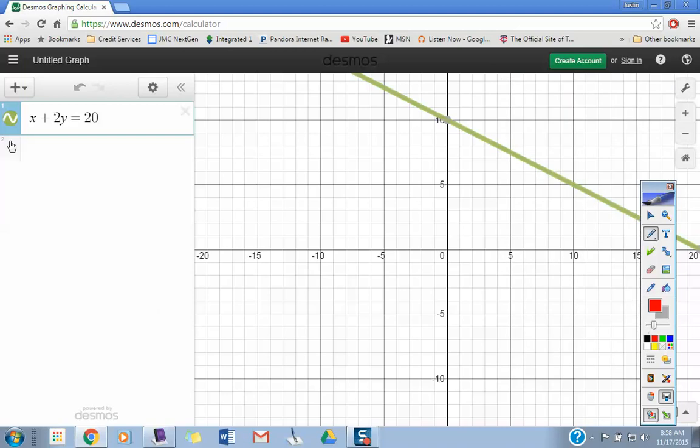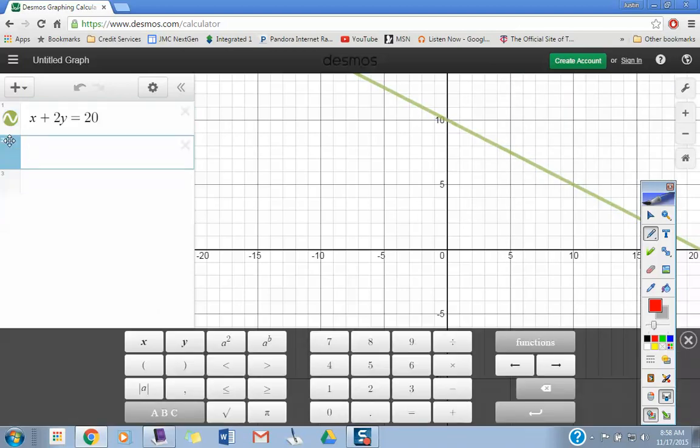All right, so the green line right there, guys. See the green line? That's the x plus 2y equals 20. What was the second equation? It was negative 3x. What was after that? And what was the value? Negative 60?